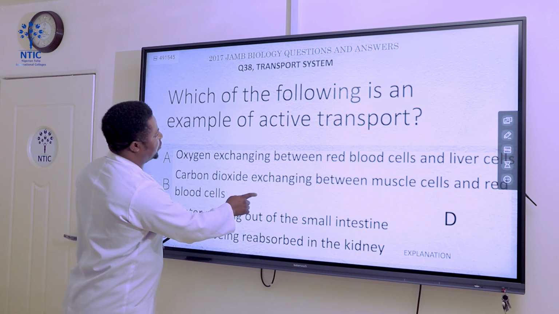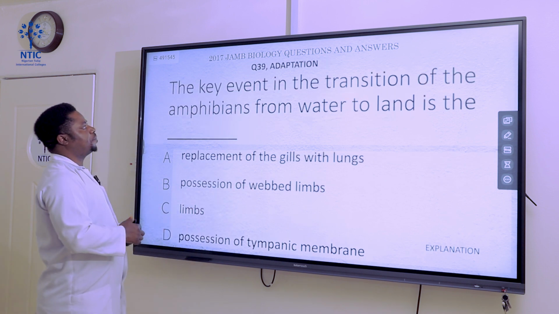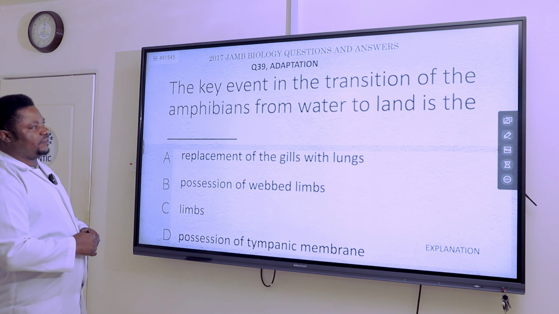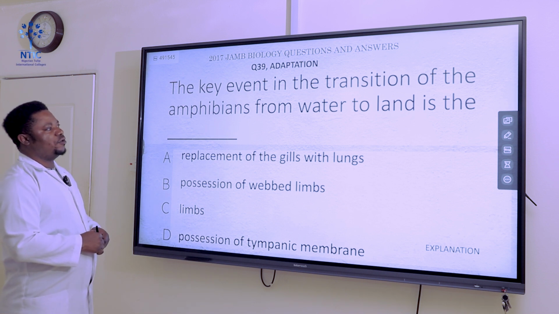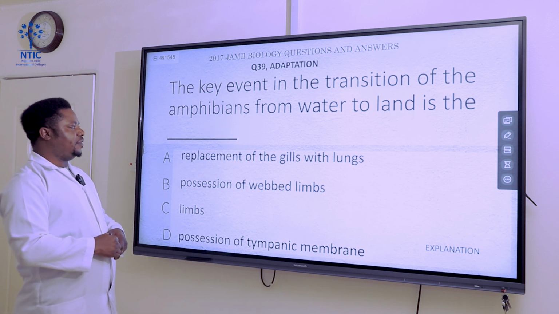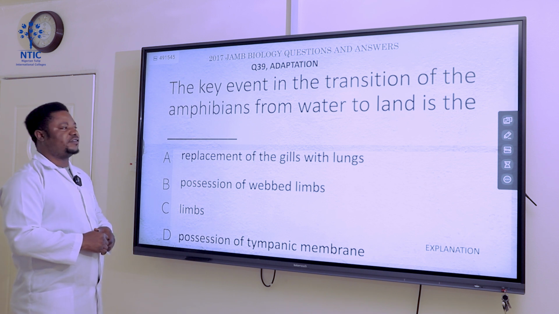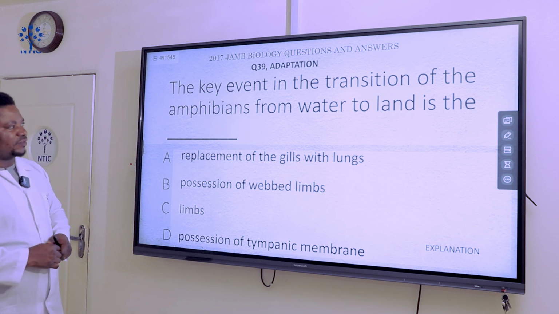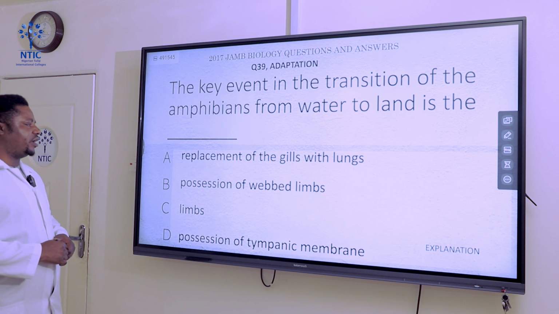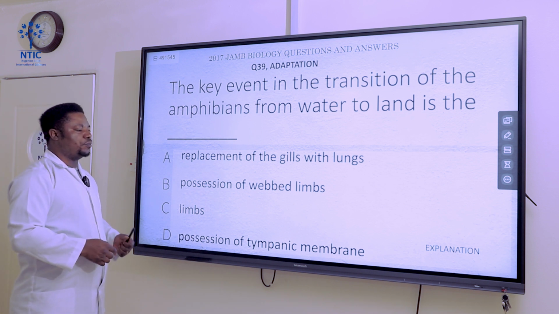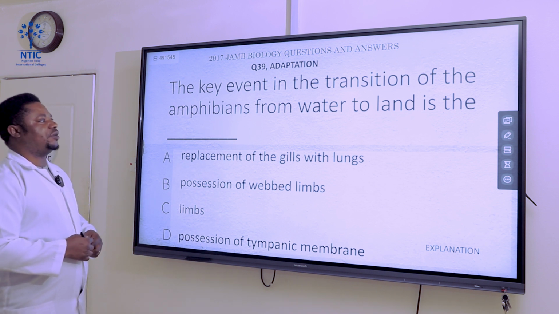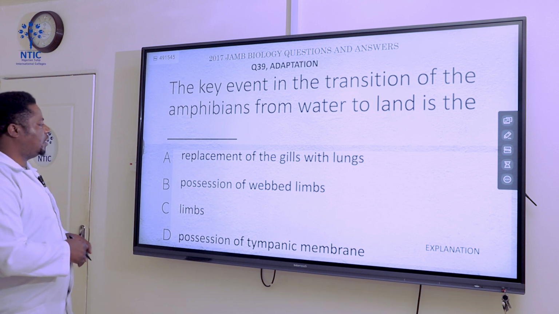Next question, question number 39. The key event in the transition of the amphibians from water to land is the what? What do they have to develop in order to move from water to land?